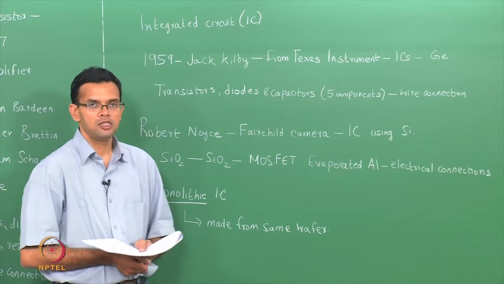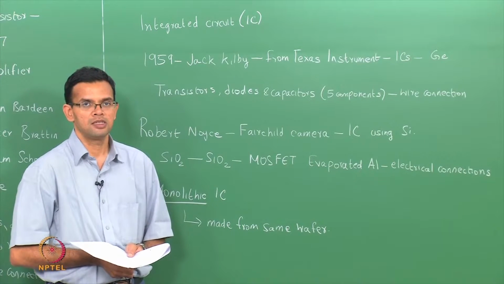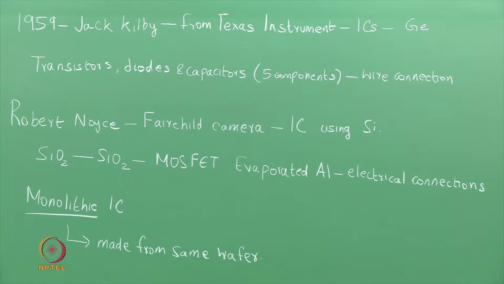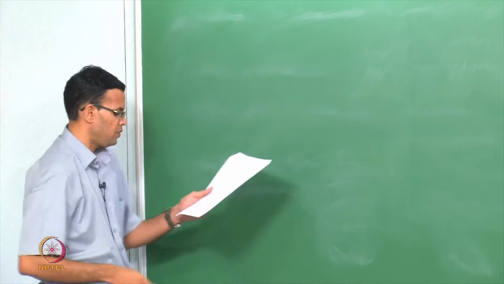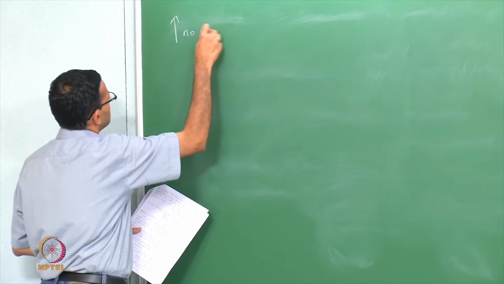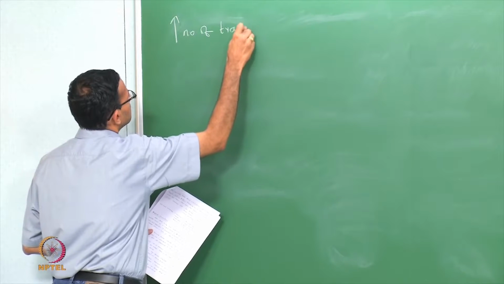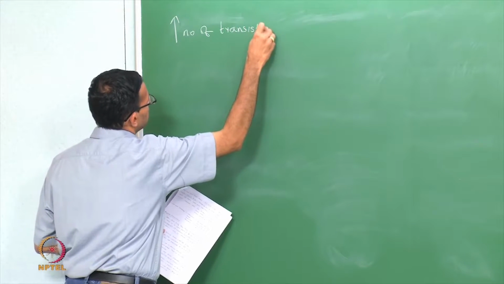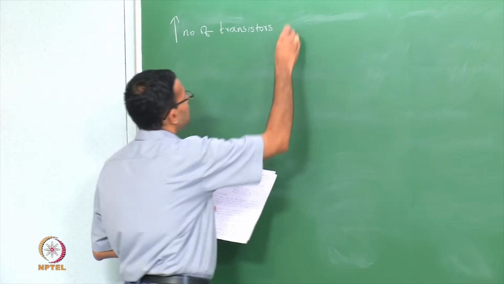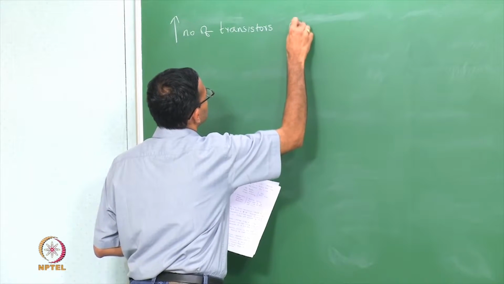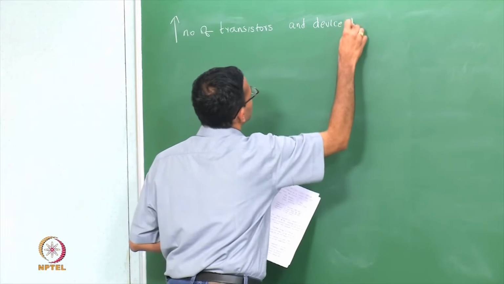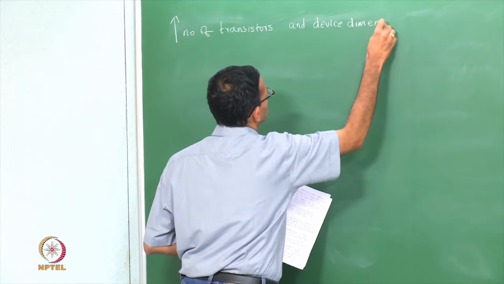So, two kinds of improvements have taken place in terms of IC design. Over time when we look at ICs, the number of transistors has increased, while at the same time the size of the transistors has decreased. I will call it a device dimension. It is nothing but the size of the transistors.